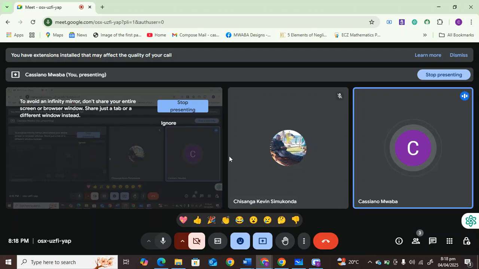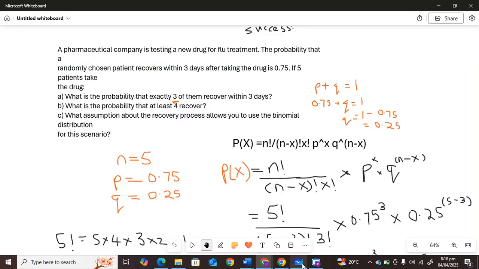And as I said, a binomial distribution is a type of test where you have only got two outcomes. In this question there are only two outcomes. The first outcome is either the patient takes this drug for flu treatment and recovers after 3 days, or the person takes this drug and doesn't recover after 3 days.